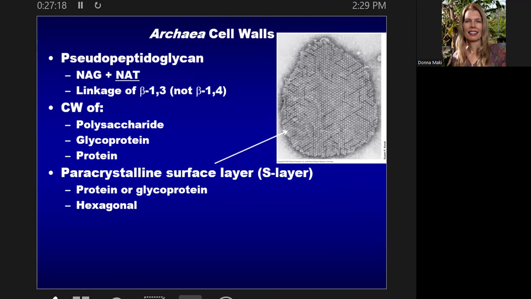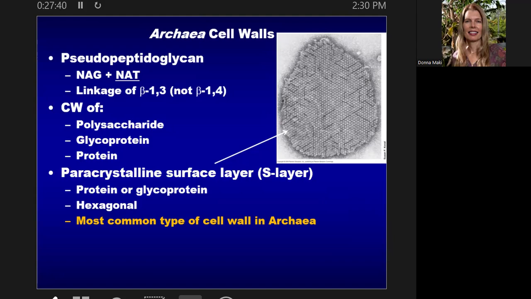In fact, the paracrystalline S layer is the most common so far of all the archaea they've studied. More archaea have this beautiful cell wall than any other cell wall type, even more than the pseudopeptidoglycan. All right, so this one wins so far.